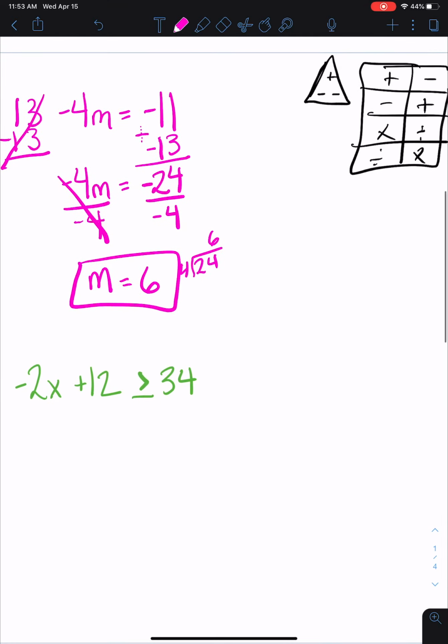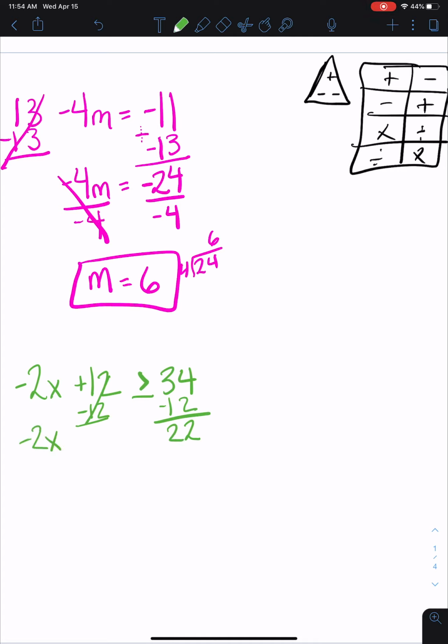All right, inequalities. We have negative 2x plus 12 is greater than or equal to 34. Remember, with inequalities, we're going to continue to use inverse operations. You're going to solve the same way, and then at the end, that's when we decide what symbol to use. So the inverse of addition is subtraction. 34 minus 12 is going to give me 22.